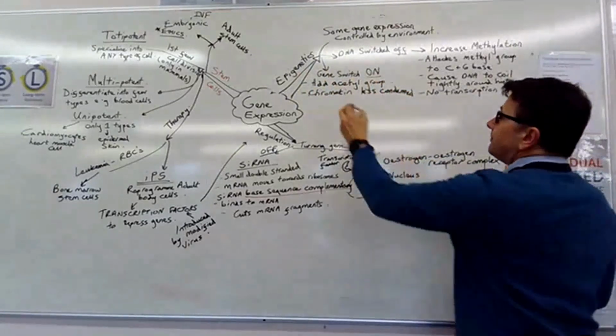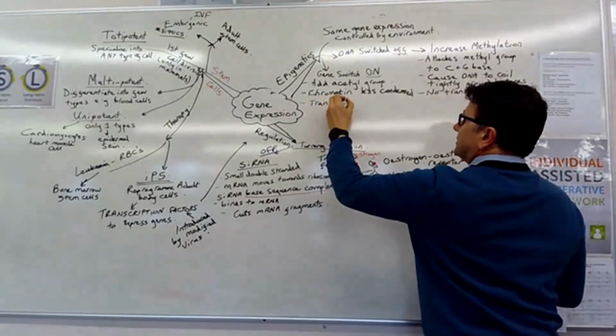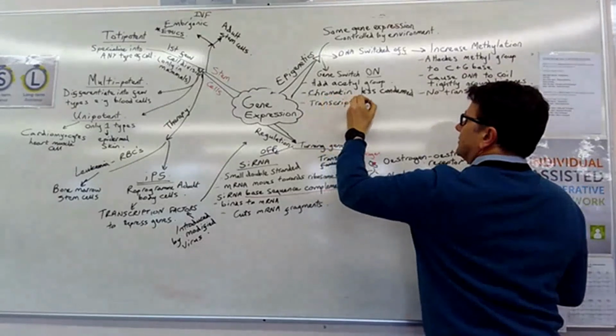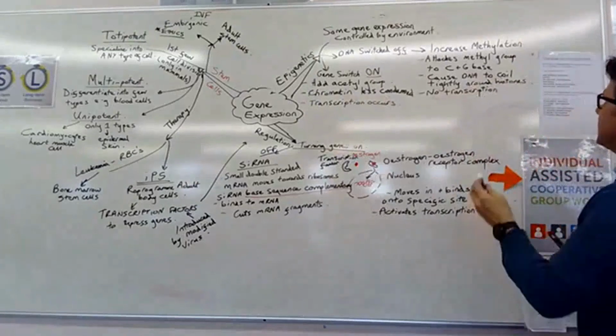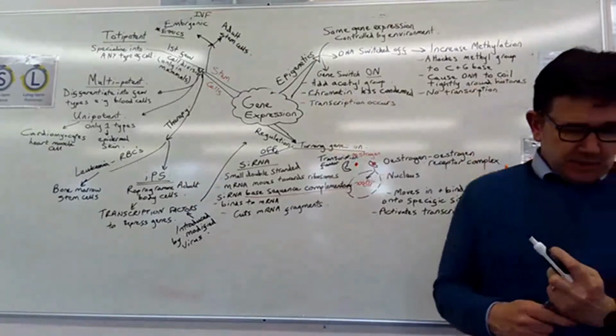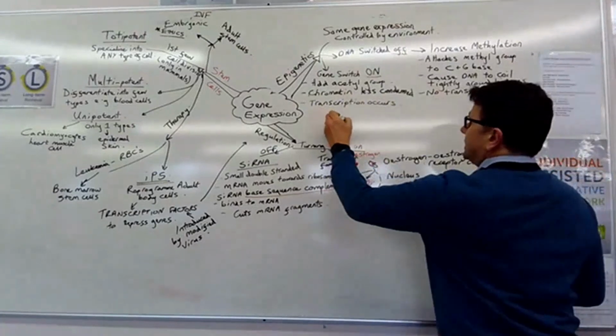So therefore, transcription can occur. Obviously, if you've got less acetylation and more methylation, the opposite occurs. So you can understand the role of genes.